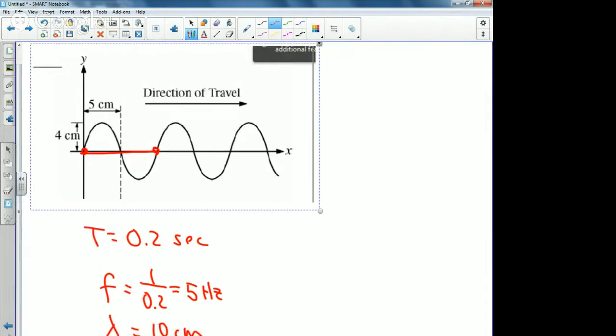So therefore, V is equal to F lambda, which is in this case 50 centimeters per second. But I do want to point out that rather than using V equals F lambda, you guys could have simply done distance divided by time as well. Lambda divided by T is really the distance divided by time, which also works. Because frequency is the same thing as 1 over T.